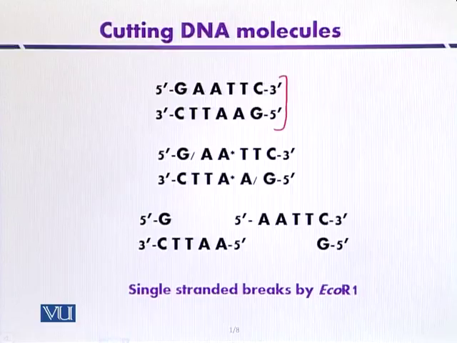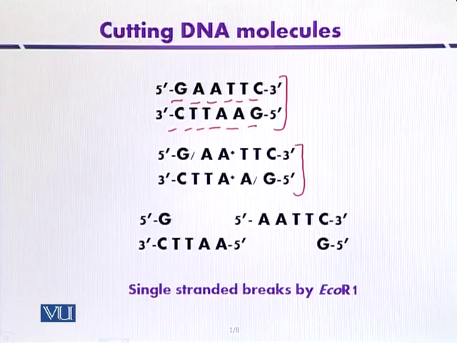So here GAATTC is read from 5' to 3' in one direction, and then it reads the same from the other direction, GAATTC. Such sequences are called palindromes.